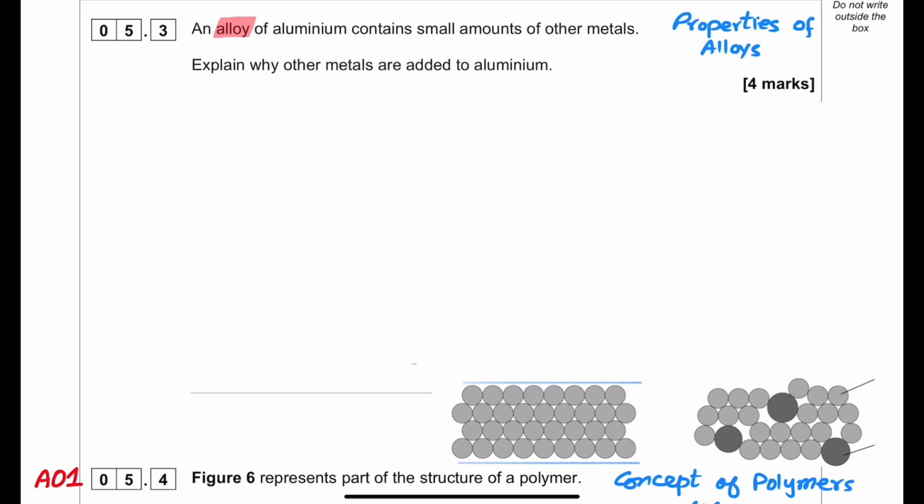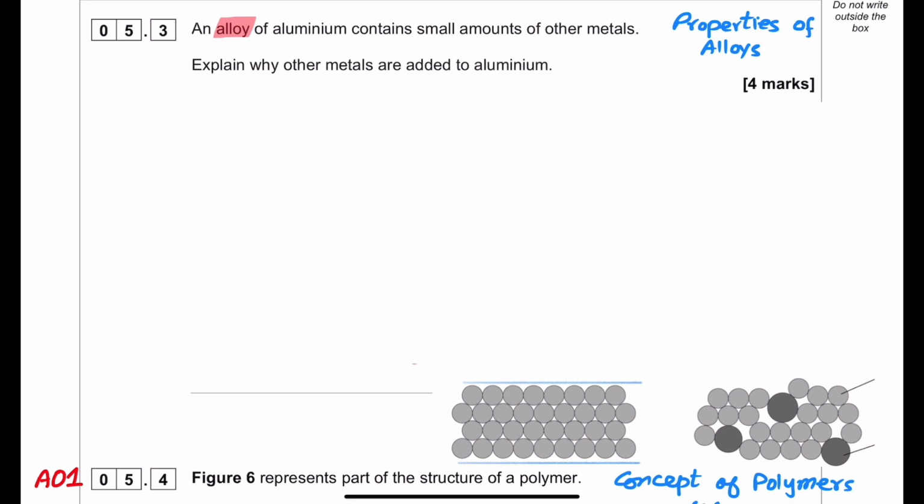When we add impurity atoms of different size compared to the pure metal, they will disturb the layers of the metal. As a result, these layers are distorted. On applying force, they cannot slide over each other. This is the property which makes aluminium or any alloy stronger.